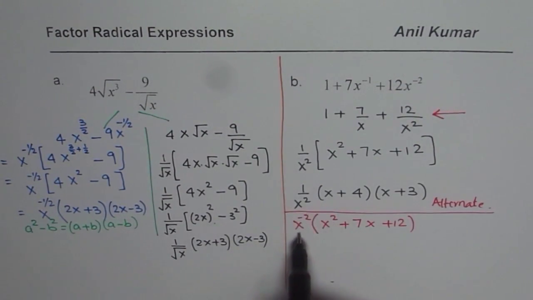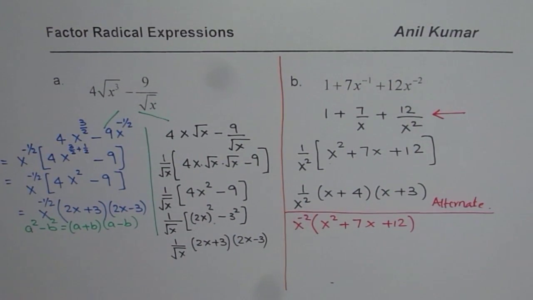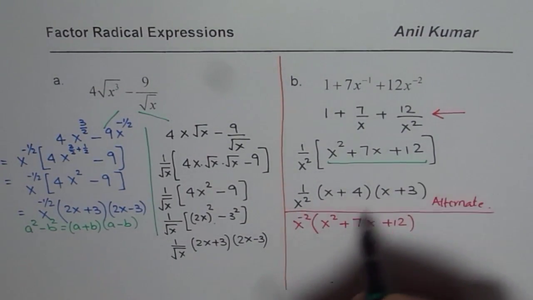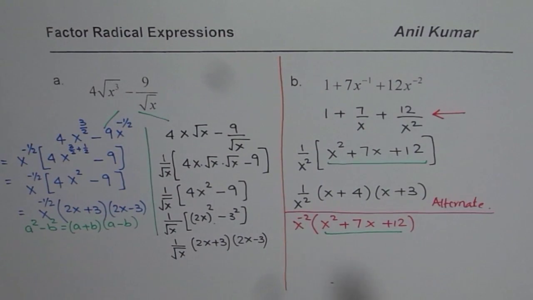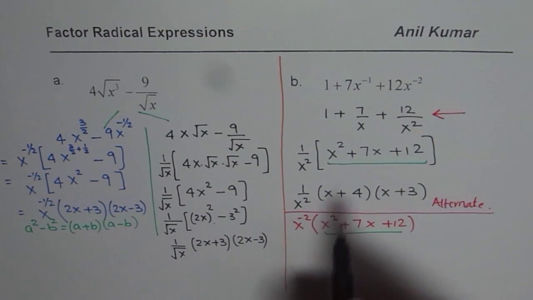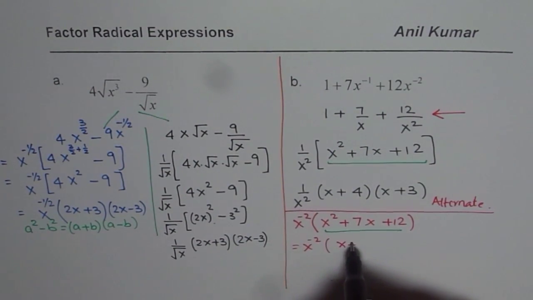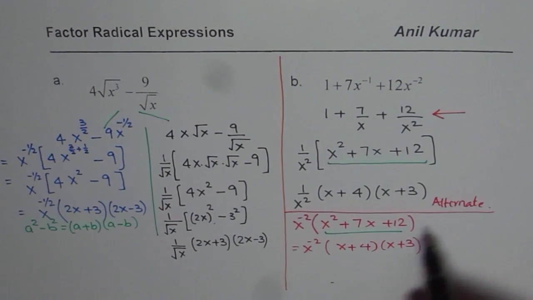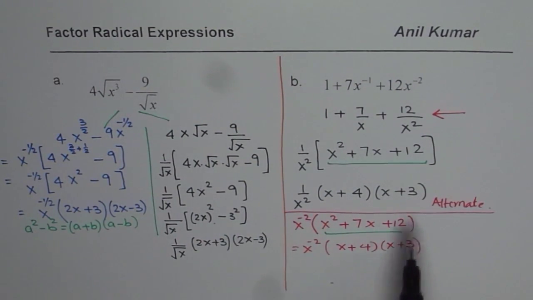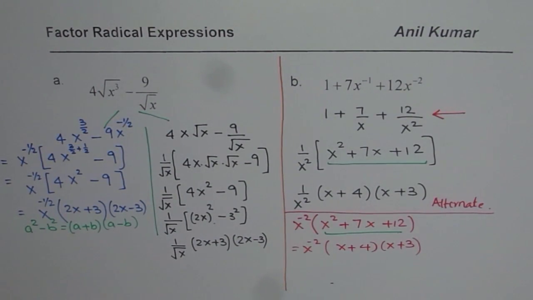That is, 1 over x squared is outside, and inside we get x squared plus 7x plus 12. And then the next step, it's a quadratic, right? So I will get this equal to x to the power of minus 2 times x plus 4 times x plus 3, right? So either way you adopt, whether you write in the radical form or with negative exponents or rational exponents, you get the same result.